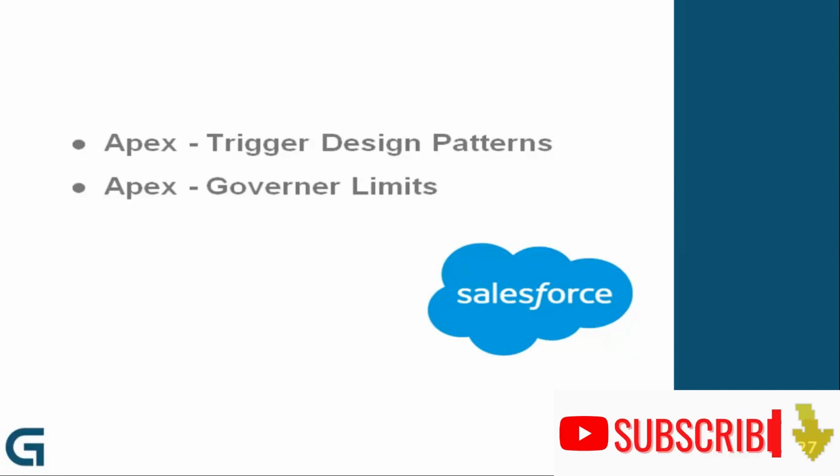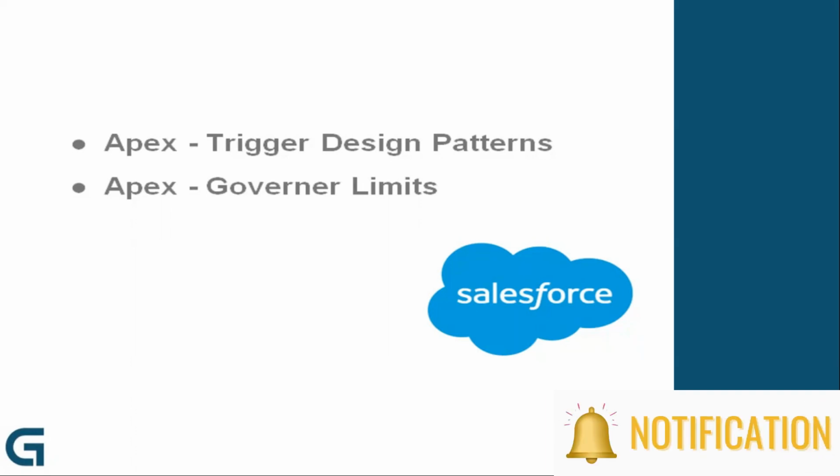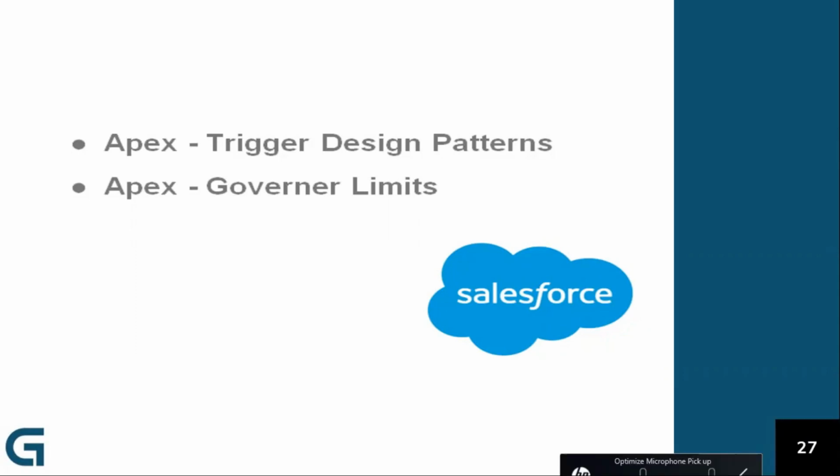Then moving on to the next slide, Apex trigger design patterns. We have one more major topic in Salesforce development, that is Apex trigger. Let's say if I update this record, I have to notify my manager or somebody that this record has been updated. So a trigger is something like: when we perform some actions, we have to do something.